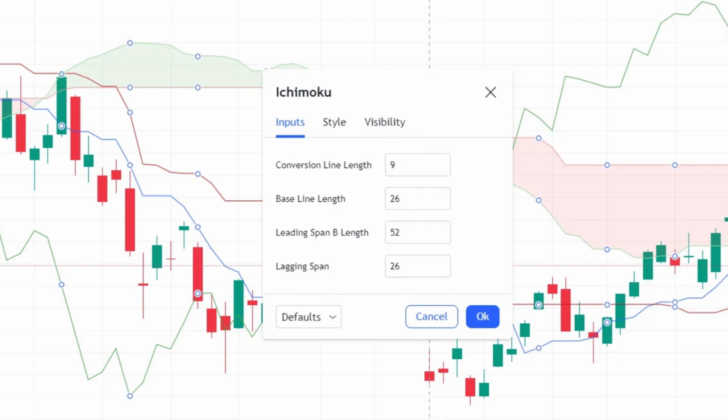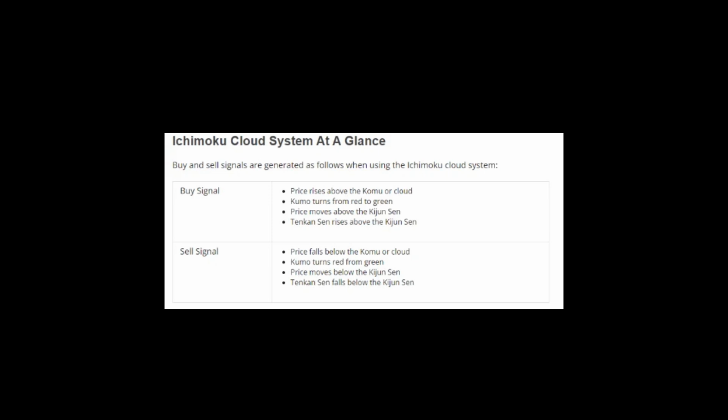If you search around the internet for Ichimoku Cloud trading systems, you get something like this. And you have a buy signal if the price rises above the Kumo, or the cloud. And again, sorry for the pronunciation. When the cloud turns from red to green, and when the price moves above the baseline and the conversion line rises above the baseline.